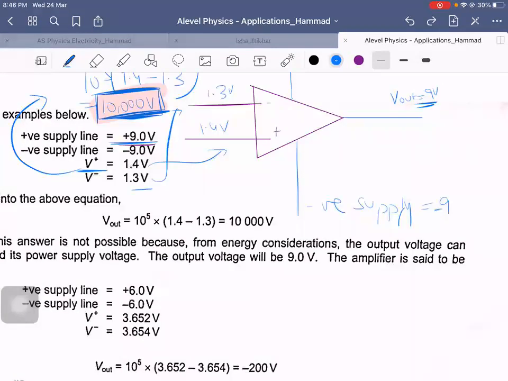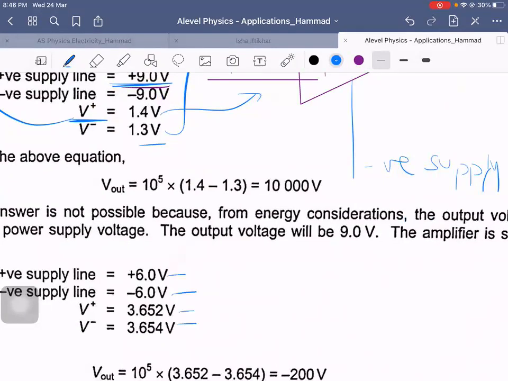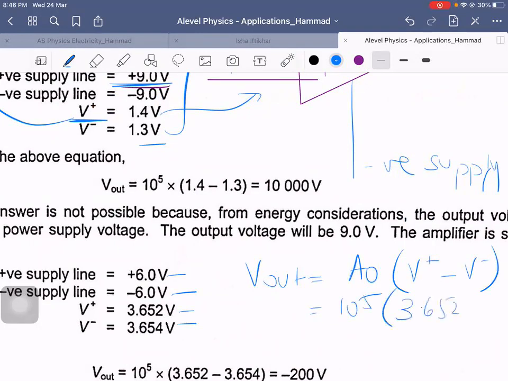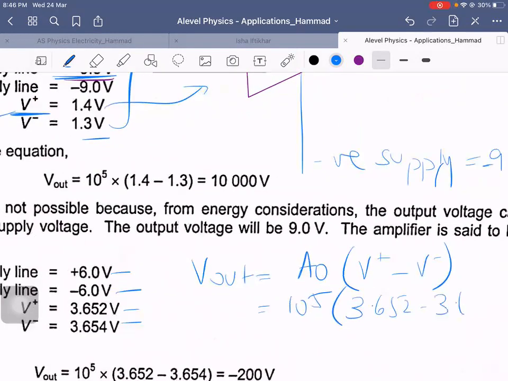For example, I have the supply lines at +6 and -6. My inputs and outputs were this value. V out is equal to A naught times (V plus minus V minus), right? My A naught was 10 to the power of 5. This is called the open loop gain. My value was 3.652 minus 3.654, right?